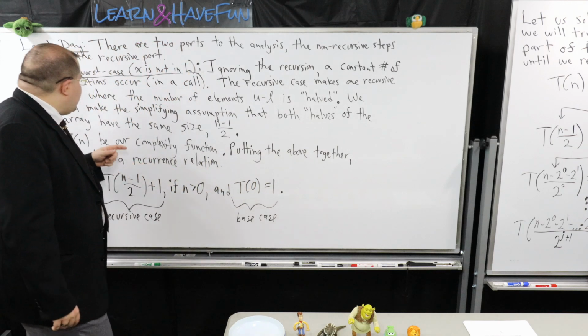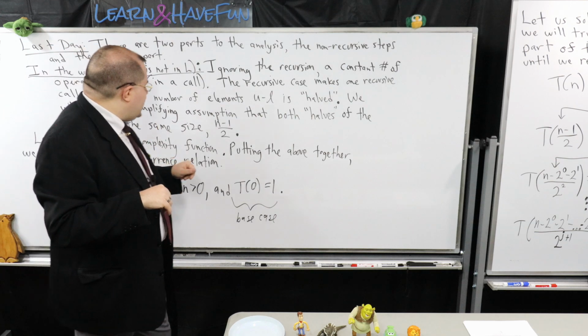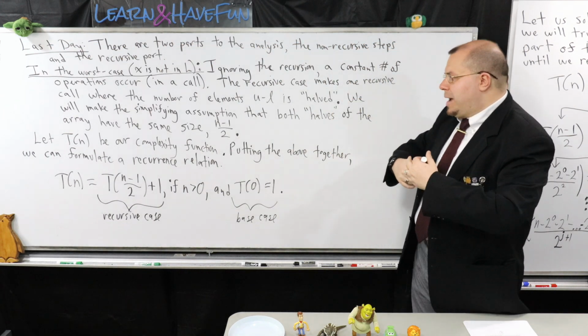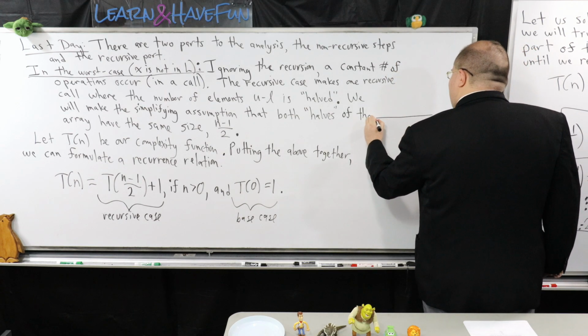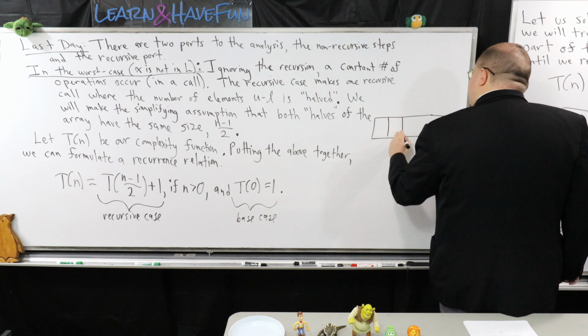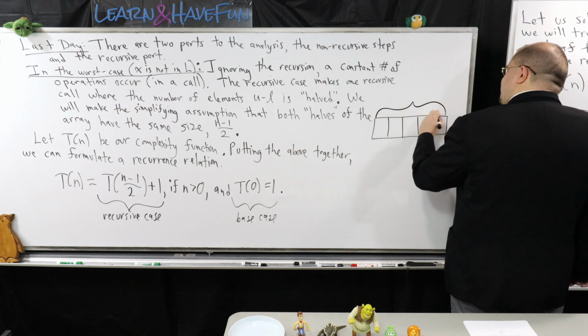Now, I'm going to be making a simplifying assumption that both of these halves are going to be the same size, (n-1)/2. Last day I showed you how I came up with that number. So recall that at one time, suppose I have n elements right here.